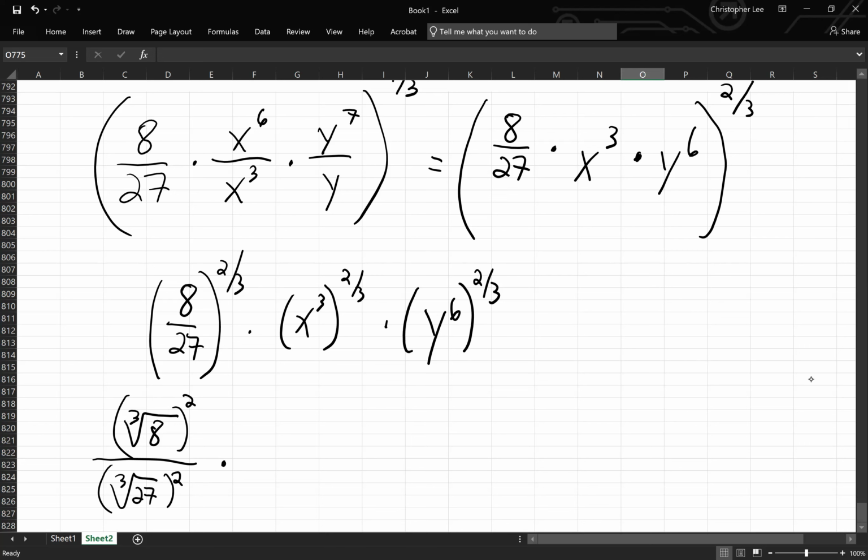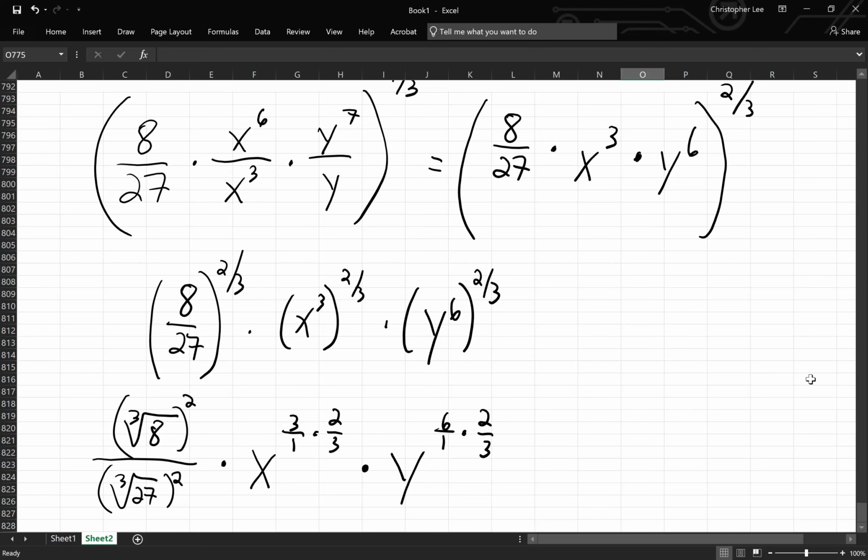Not square root, starts with an M. When I raise a power to a power, not add them, multiply them, right? So this is going to become x to the 3 over 1 times 2 over 3 power. And it's going to become y to the 6 over 1 times 2 over 3 power.